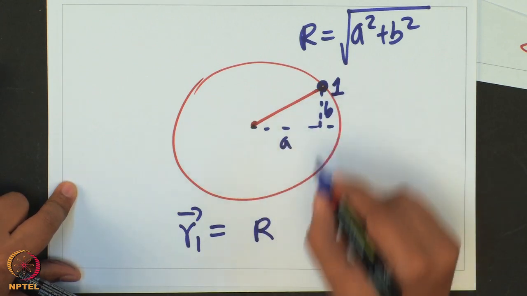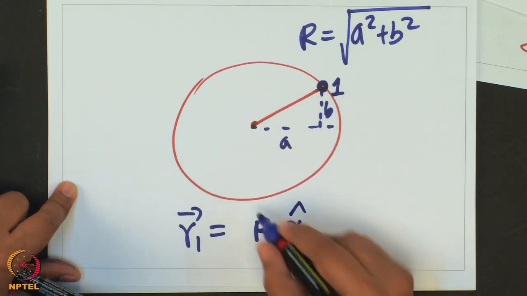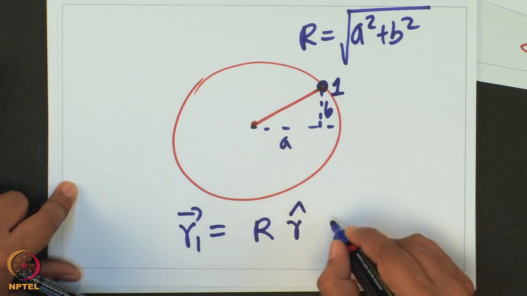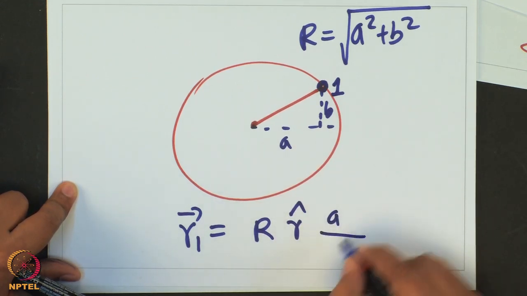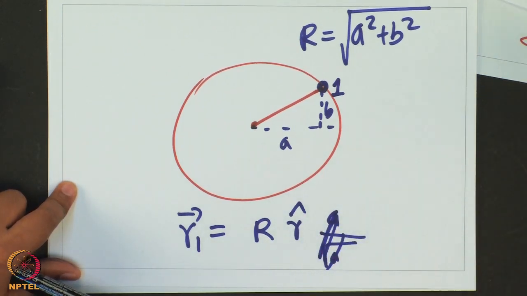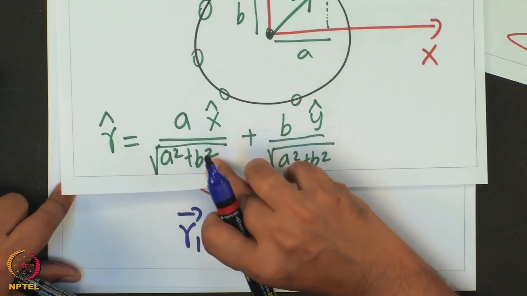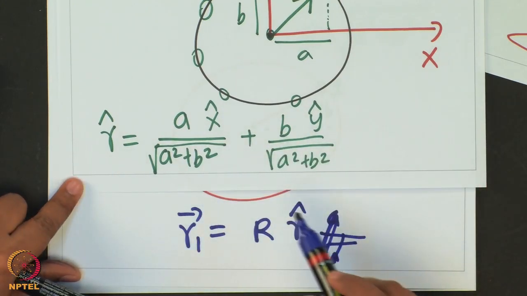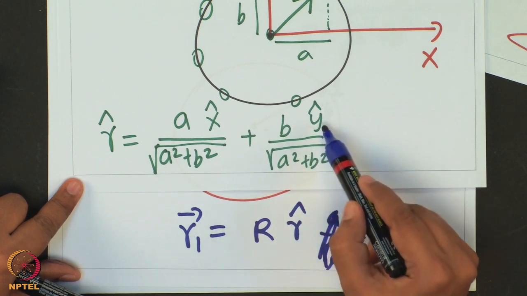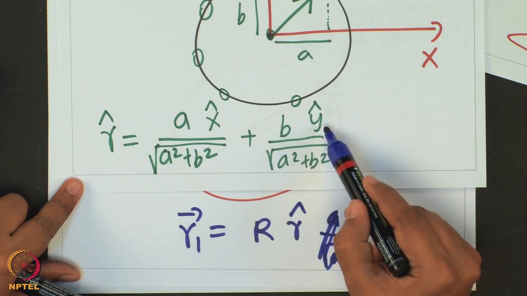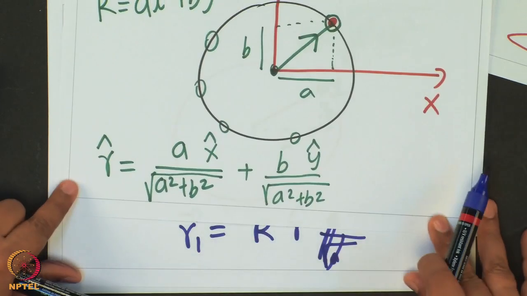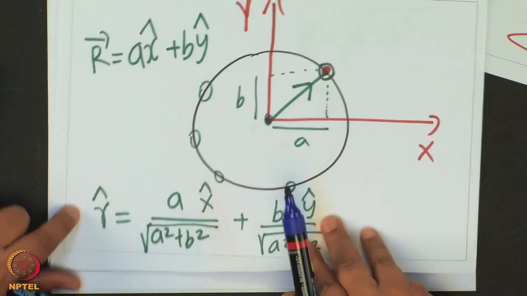And what is the direction of this? The direction is r cap direction, which is x plus y. What is r cap? r cap is a by square root of a square plus b square. So what is r cap? r cap is a by square root of a square plus b square x cap plus b by square root of a square plus b square y cap, where a and b are these distances from here to here.